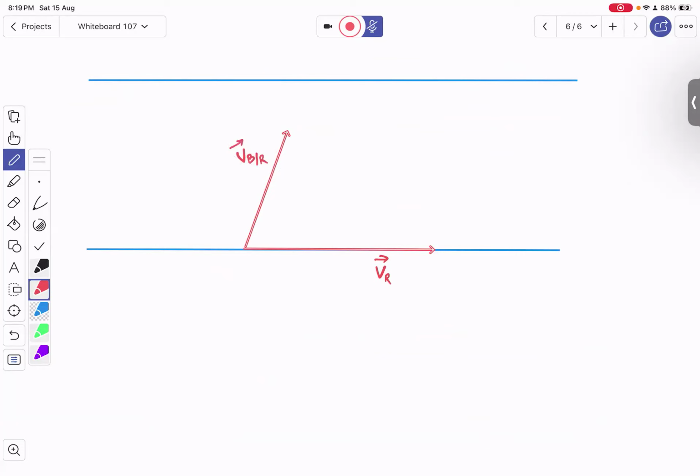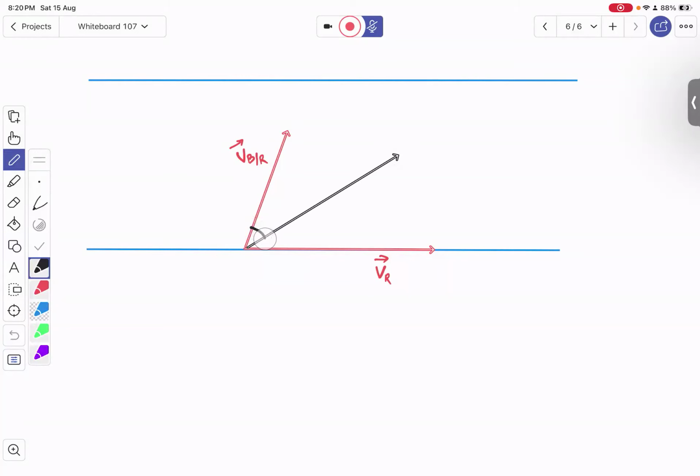Then we will use the triangle law or the parallelogram law. Which one? When I give you these two arrows to add, what kind of arrangement are these two arrows in? Co-initial arrangement. So we'll be using the parallelogram law, which tells us the resultant of these two arrows will lie somewhere in between them. So this black arrow is the resultant of these two red arrows.